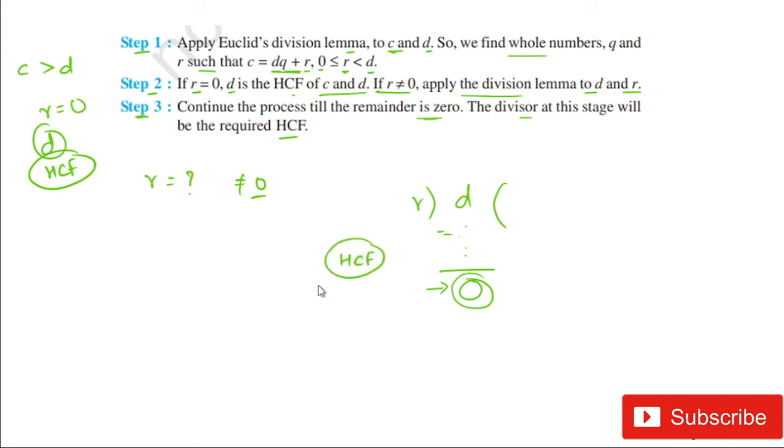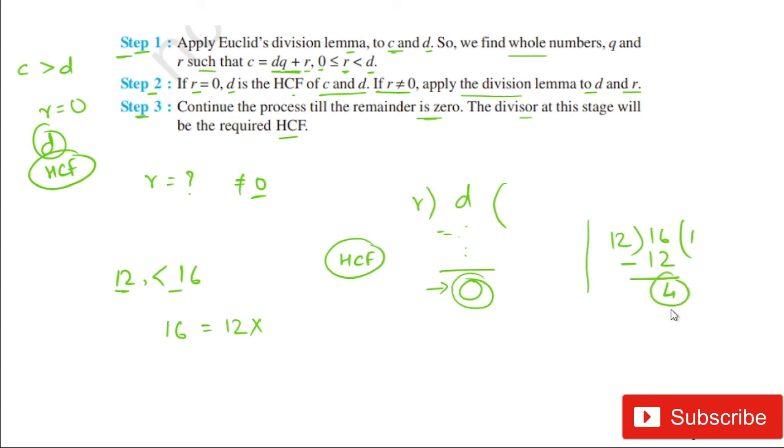So let us understand by taking an example. The first step will be to compare 12 and 16. Here 16 is greater than 12, so we'll write 16 in the form of, with 12 as our divisor, 12 multiplied by something. We divide 16 by 12, it goes one time. Here we'll write 12, now we'll subtract, it will come 4.